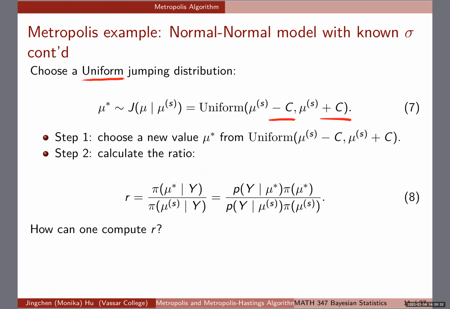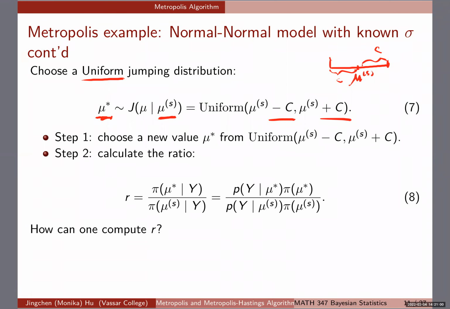So that's what equation 7 is about. Here we propose to draw a mu star given mu s. This uniform is centered at mu s, with length c on the left and length c on the right. I can do a uniform within this interval, and this is a symmetric jumping distribution. So this falls under the Metropolis algorithm as what we talked about.